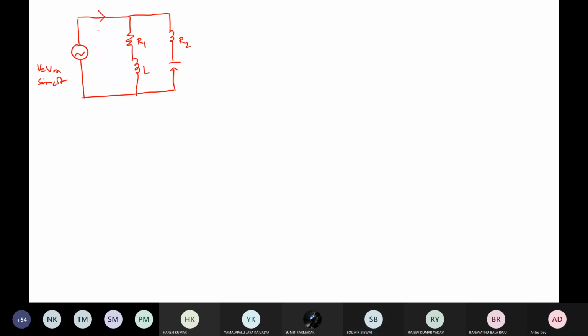This is your I, this is IL, this is IC. So the phasor sum is equal to IL plus IC. Remember that here we are using KCL. Okay, and if you draw the phasor diagram, if this is your voltage, that is the reference phasor.